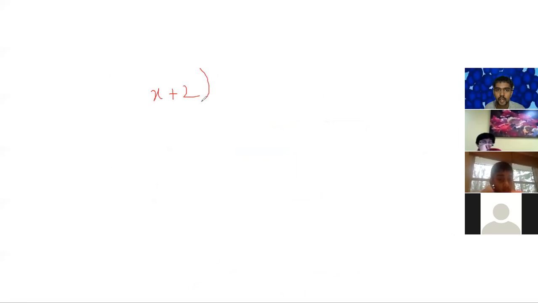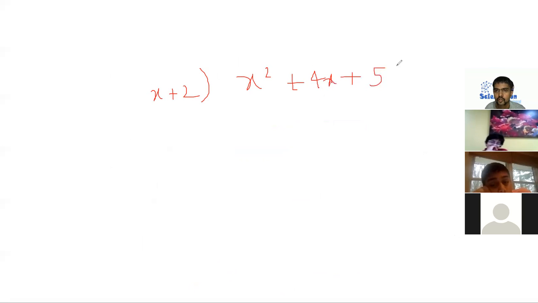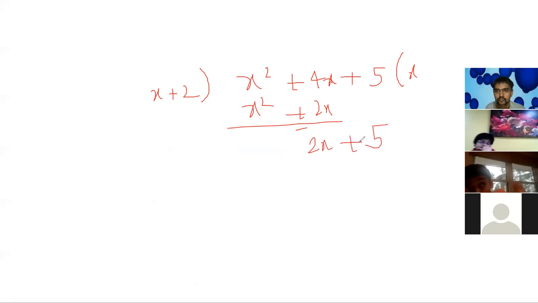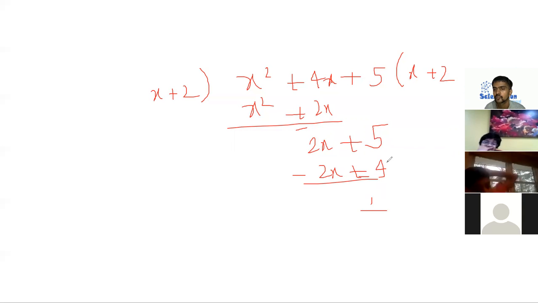Let's say I'm dividing x squared plus 4x plus 4 plus 5 by x plus 2. One way is you divide and see.